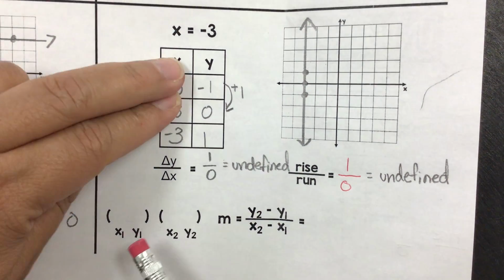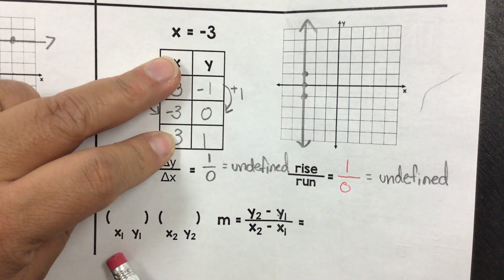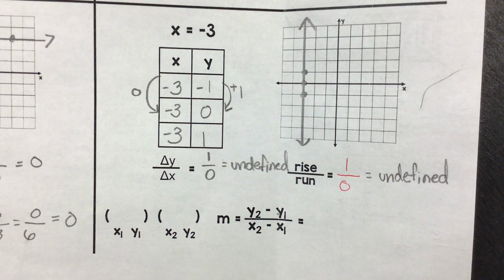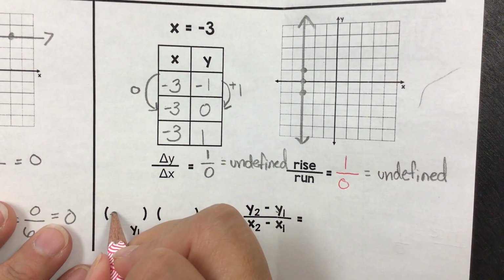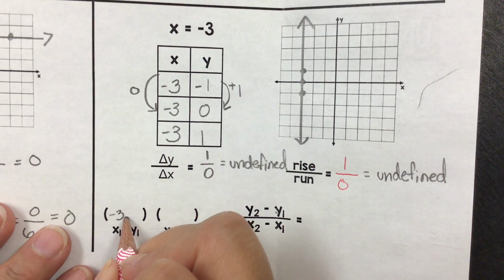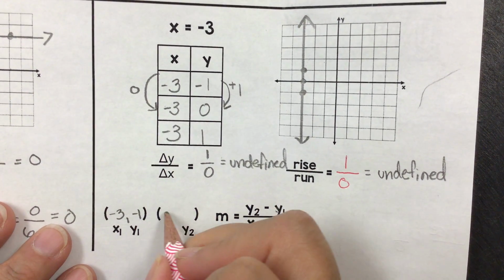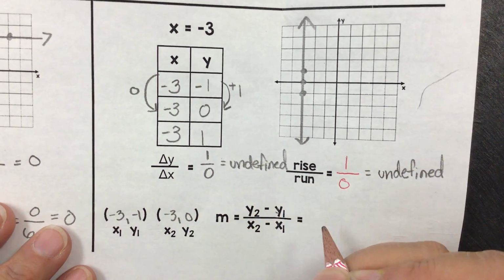We selected the first two, the bottom two, the one on the top and the bottom. So any points that you select would still give you the correct answer. I'm going to select the first two again. -3, -1. -3, 0.